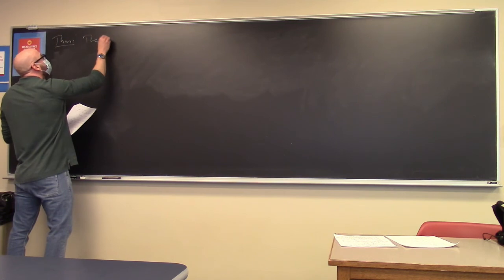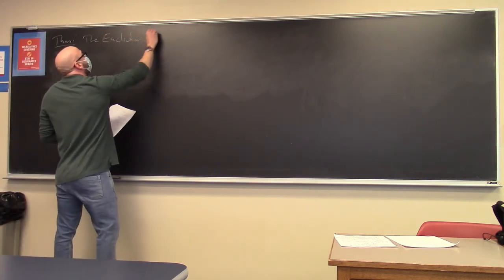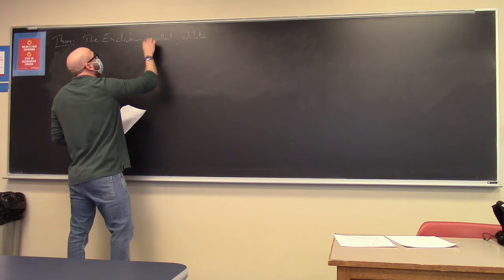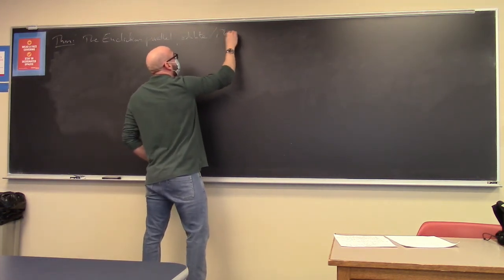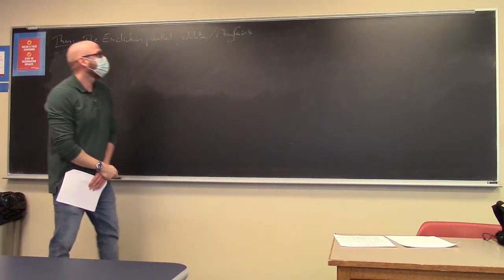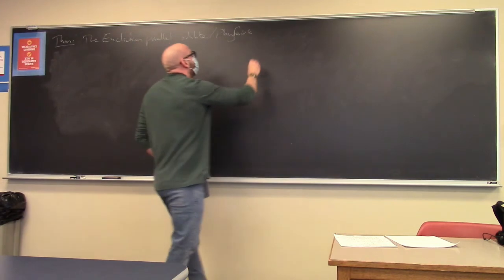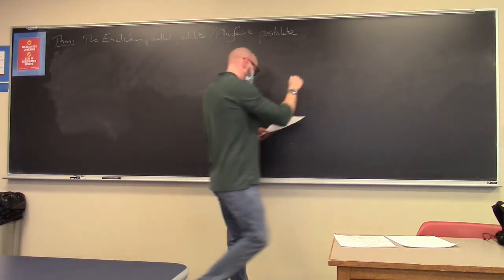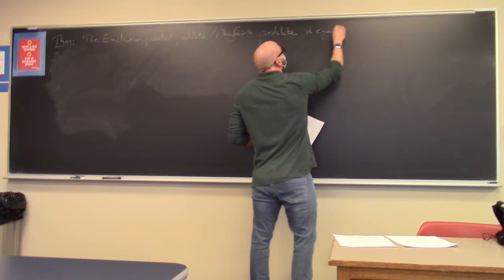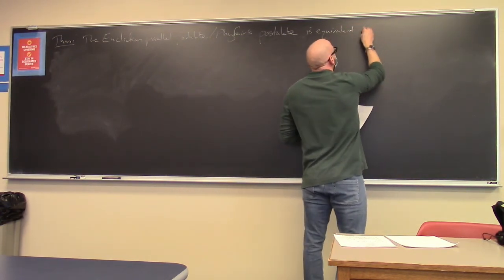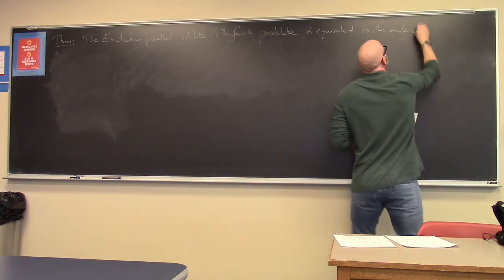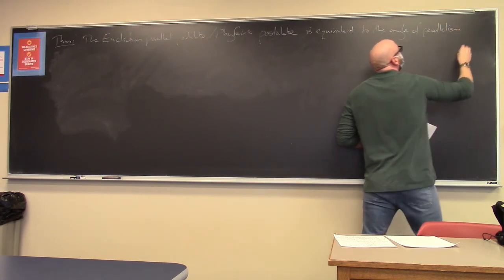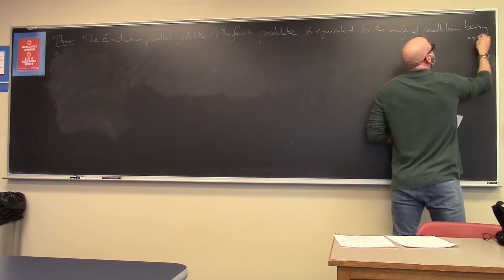So the theorem is that the Euclidean parallel postulate, which is of course just Playfair's postulate, same thing, is equivalent to the angle of parallelism being 90 degrees.